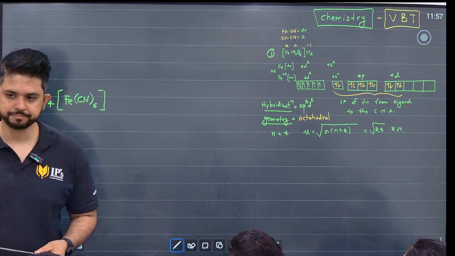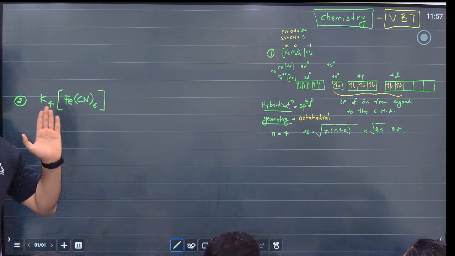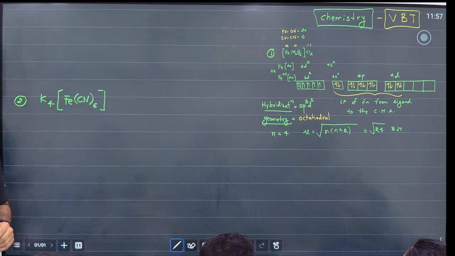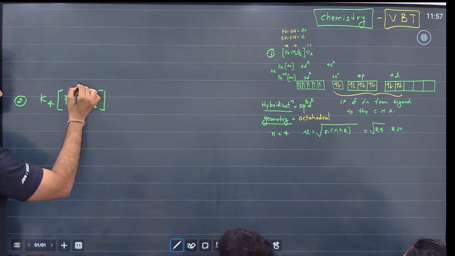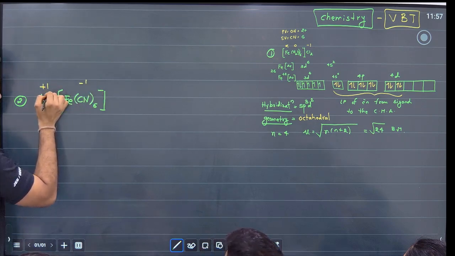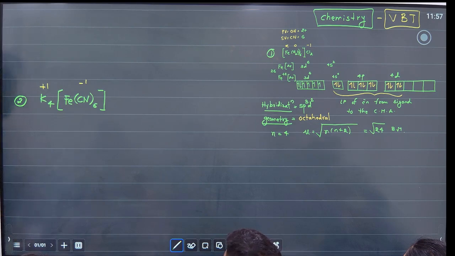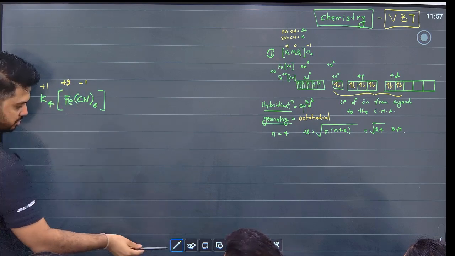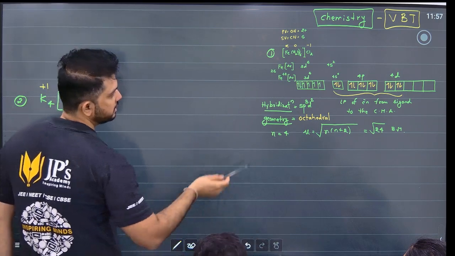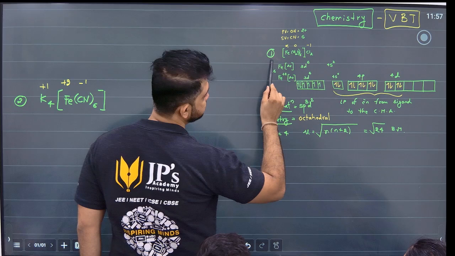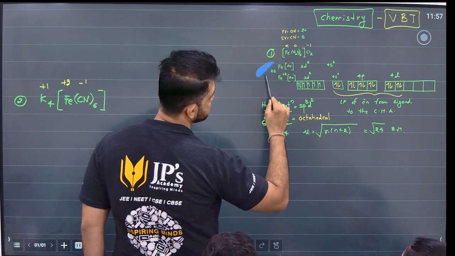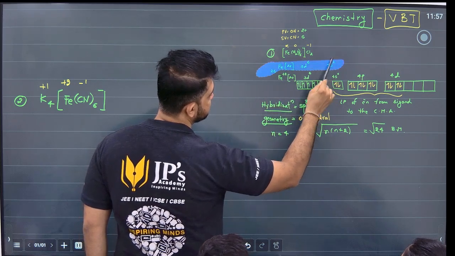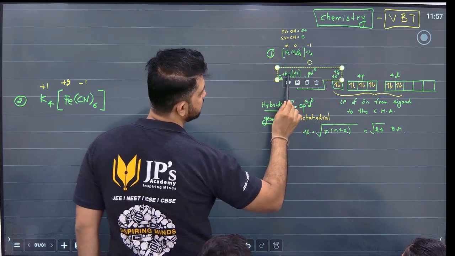Now give me the oxidation number of Fe over here. Cyano or cyanido is -1. Potassium is group 1 element, so +1. So how much will Fe be? +2. If Fe is +2, what is the electronic configuration? 3d6 4s2.